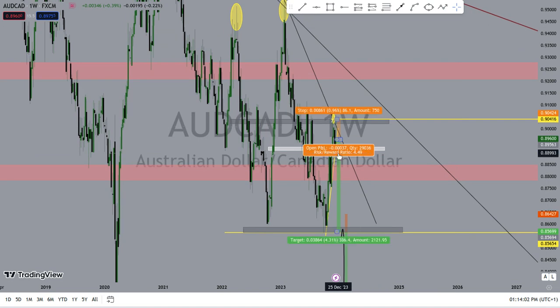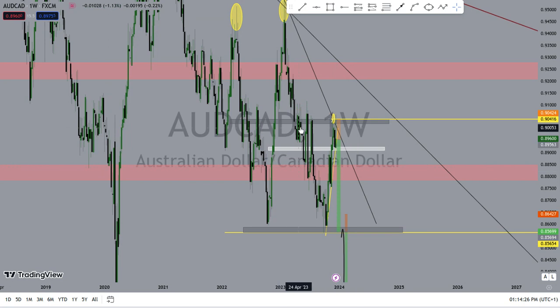price has been trading bearish, bearish, bearish, bearish, and now you can see this is a left leg correction, and this is a right leg one, and you can see price retraced above.